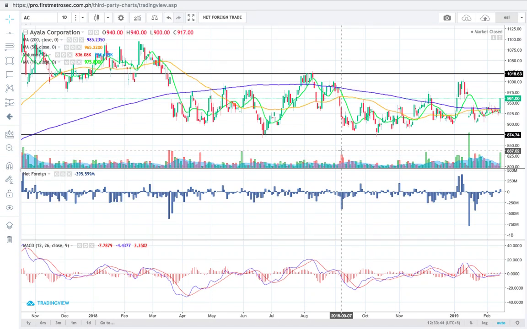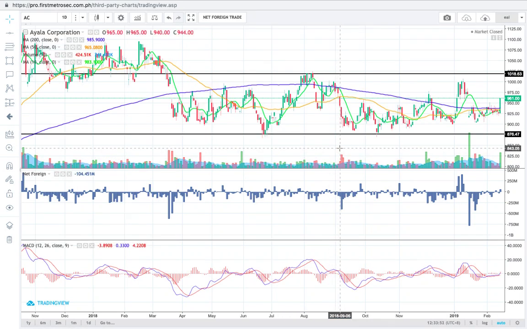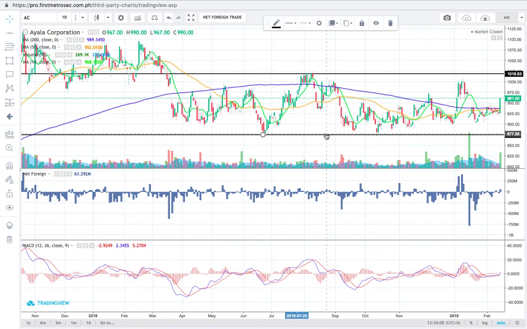It's just a matter of 74 centavos. Or if you got 876, somewhere there, it's okay as well. It's not a terrible mistake. Again, we're just talking about an estimated level, a zone, or a range. We're not talking about a specific price point here. I hope that clears up that frequently asked question.